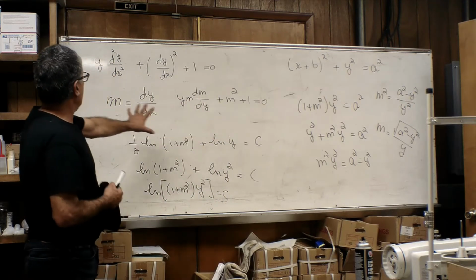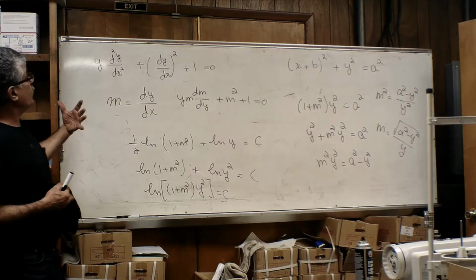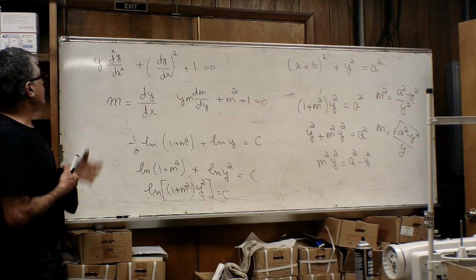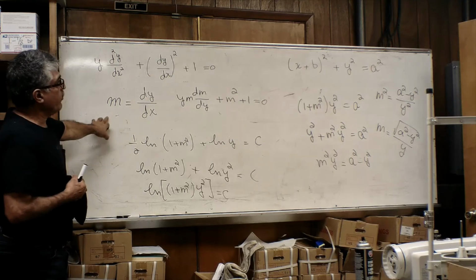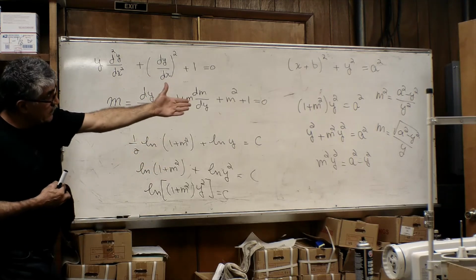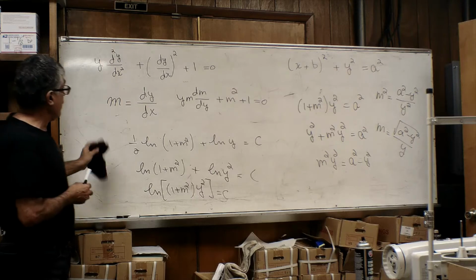Now, in order for us to solve this problem, we assume that the first derivative is equal to m. So now that is the value that we got for m.